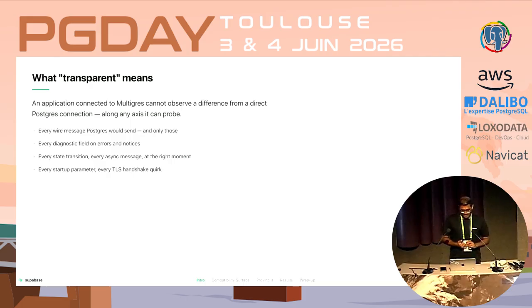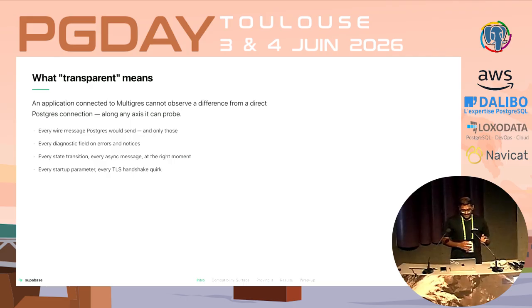Every wire message Postgres can send, and just as importantly, only the ones that it would send. Every diagnostic field on every error and every notice, every state transition in the protocol, every asynchronous message delivered exactly at the same moment that Postgres would have delivered it.